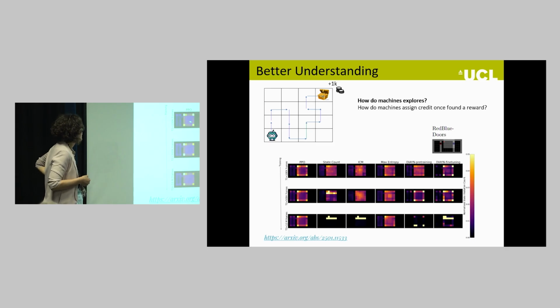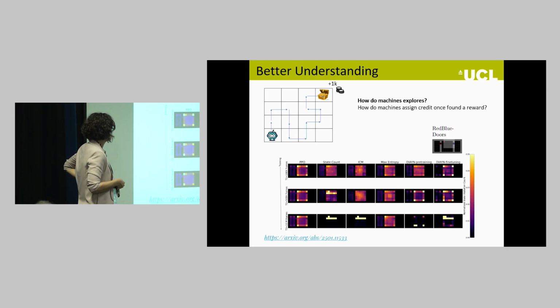But in deep RL, we have different ways in which we can explore this maze. These are all different algorithms, and the heat map shows the frequency with which we explore states. And these are really different. So how do we understand these differences? Which one is best?